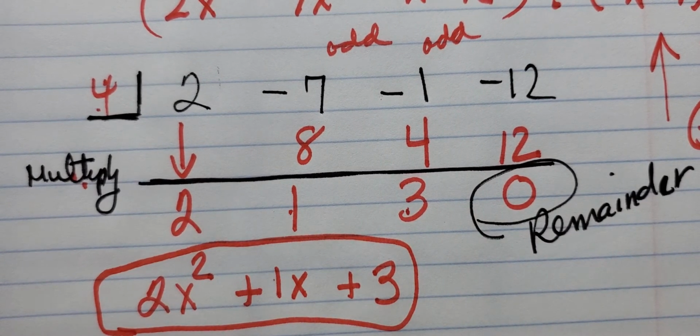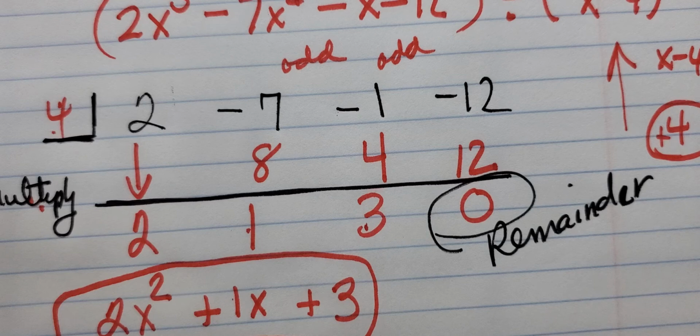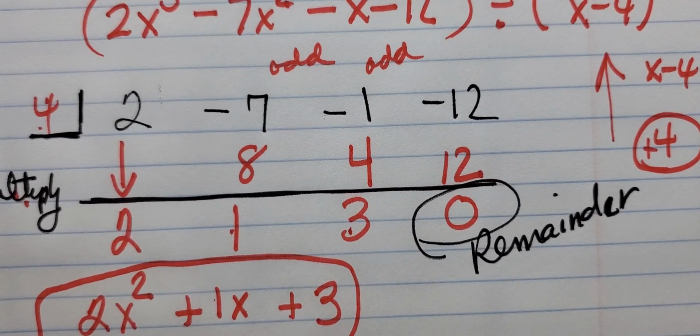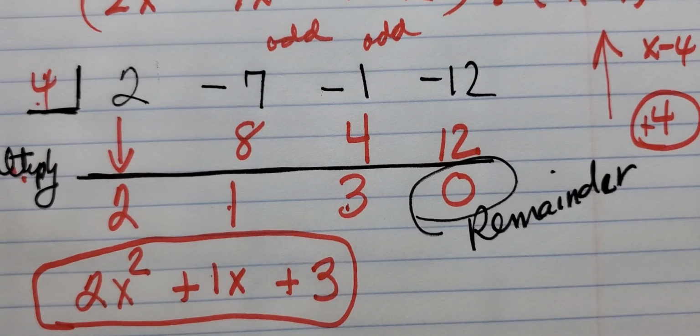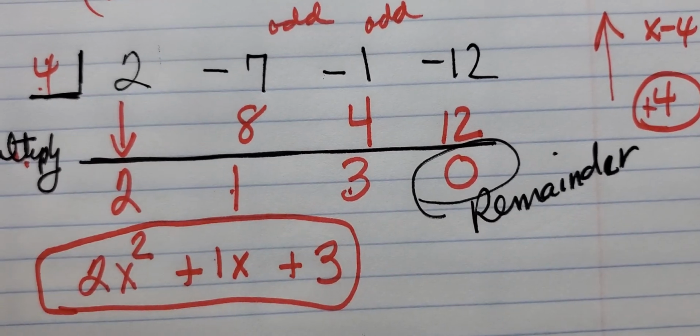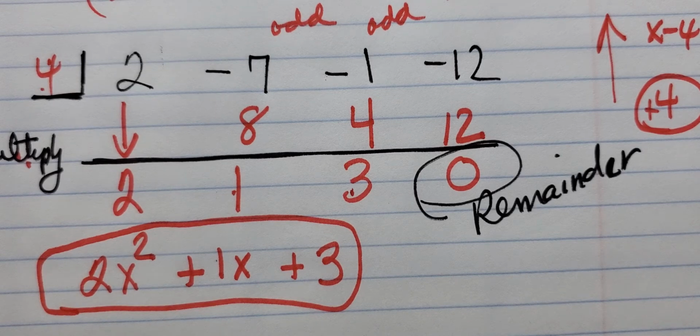That's what's called your leftover polynomial. Let me slide that down. And that's what happened: we went from a cubic to a square.